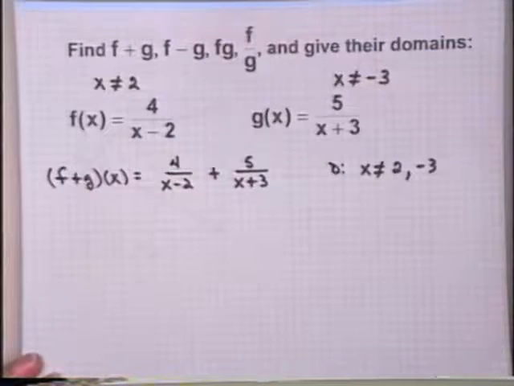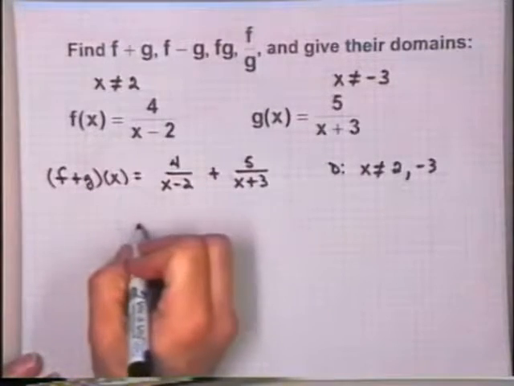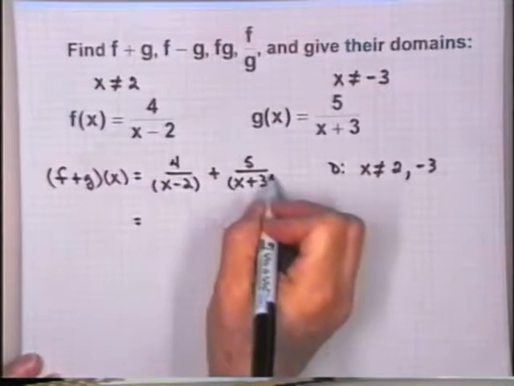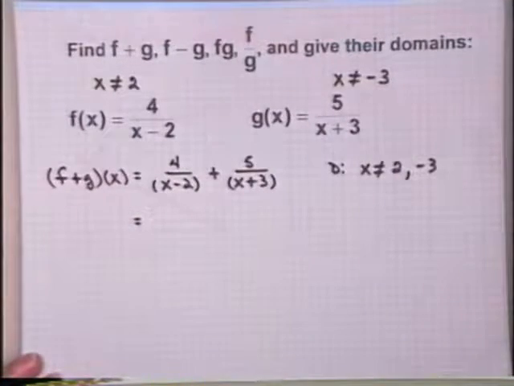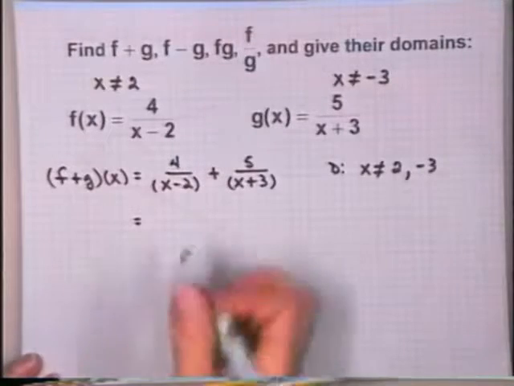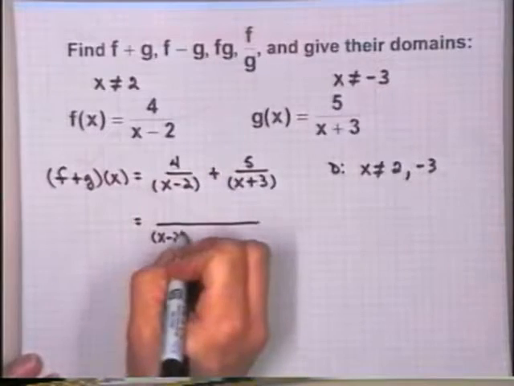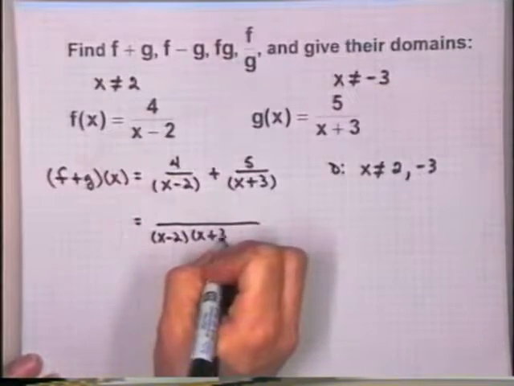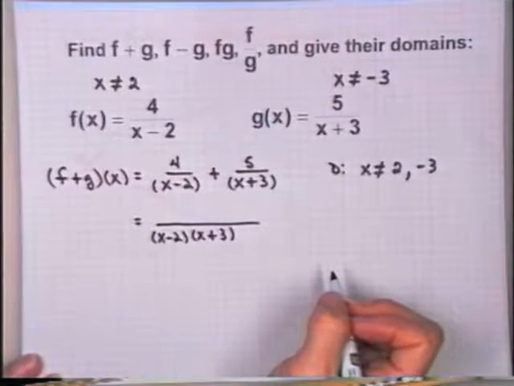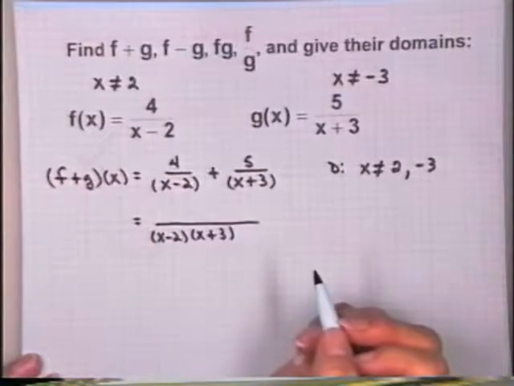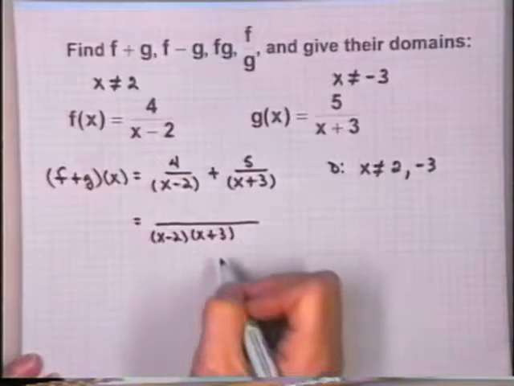Now, we're going to do some algebra here. We need a common denominator. Since we can't factor x minus 2 or x plus 3, either one, we consider those factors. And our common denominator will be the product x minus 2 times x plus 3. Okay? Now, on this first fraction, we need to multiply that first fraction in numerator and denominator by what?